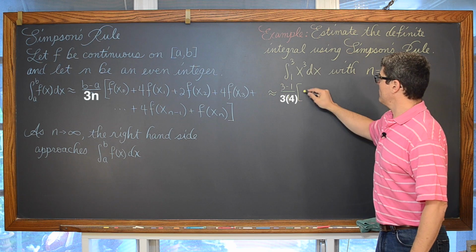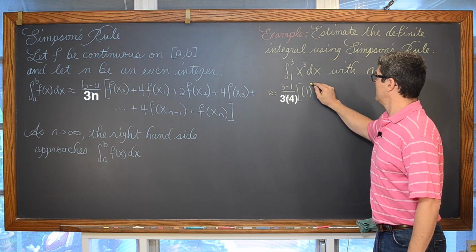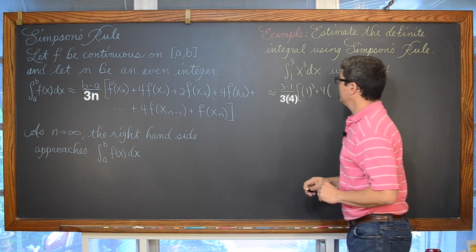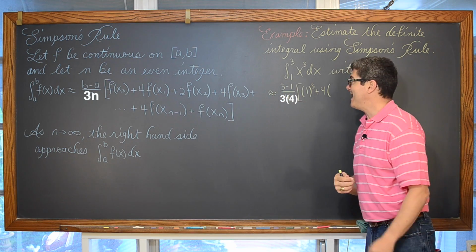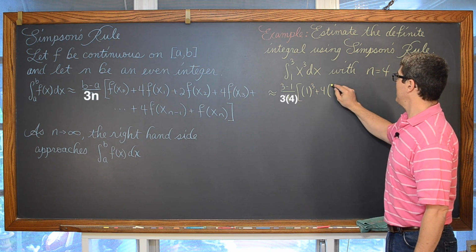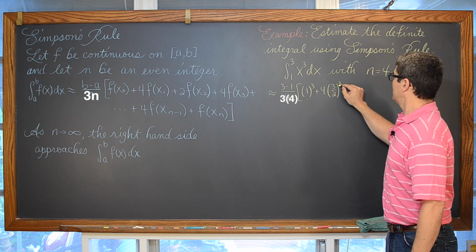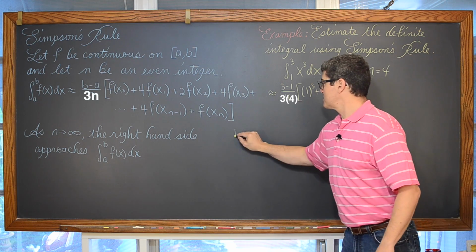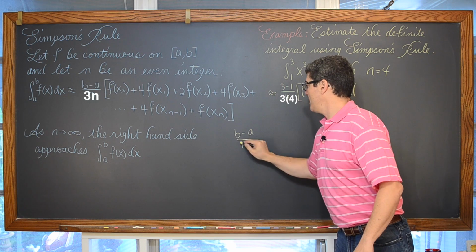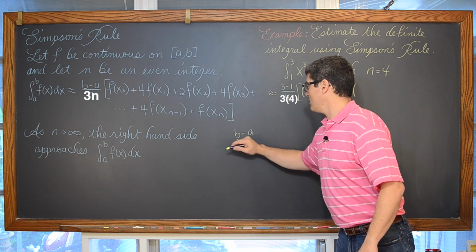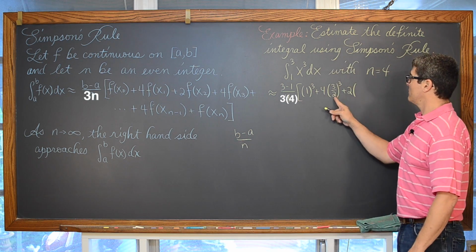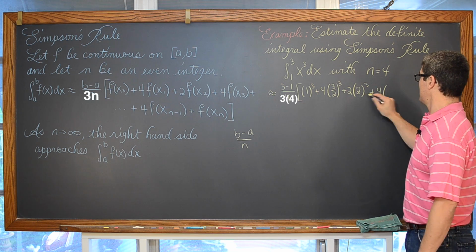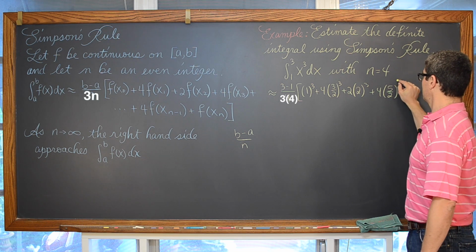So that's going to be, plugging in 1 here, 1 cubed plus 4 times f of x sub 1. And remember our subintervals were 1/2, so we had 3/2 cubed plus 2 times, moving another (b minus a) over n, that 3 minus 1 over 4, which was 1/2, so that's 2 times 2 cubed plus 4 times 5/2 cubed.